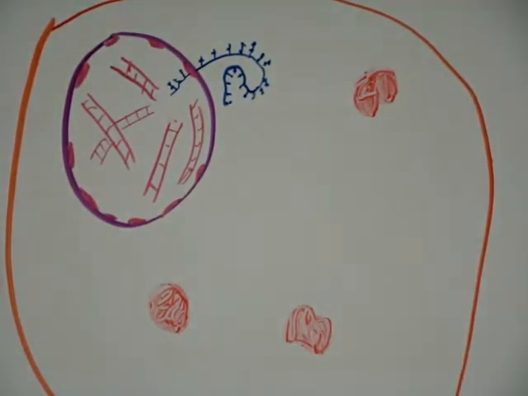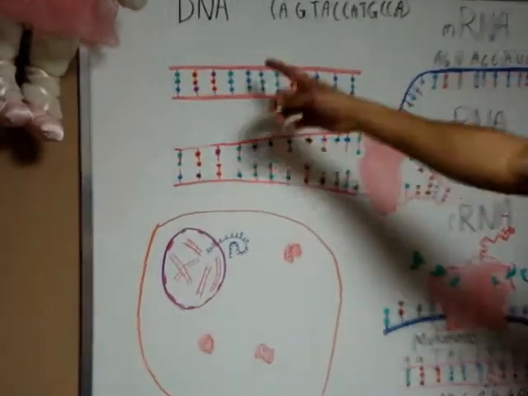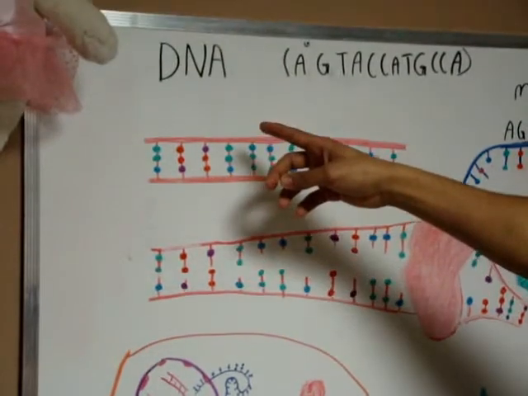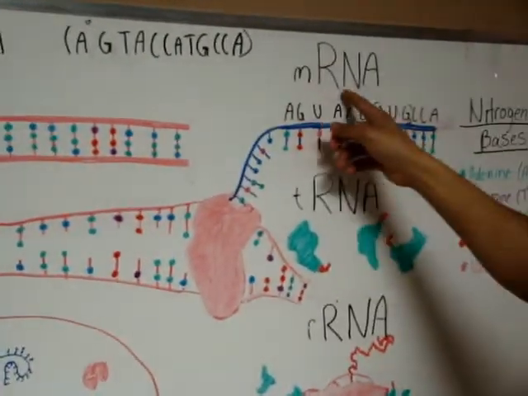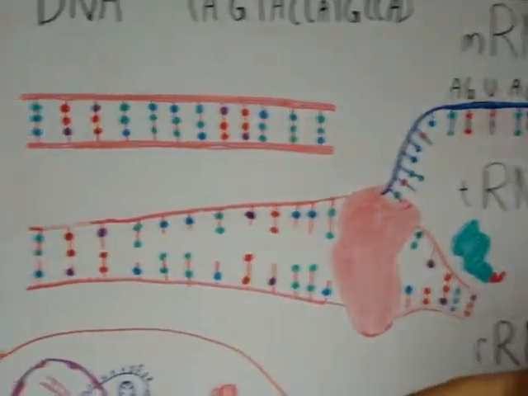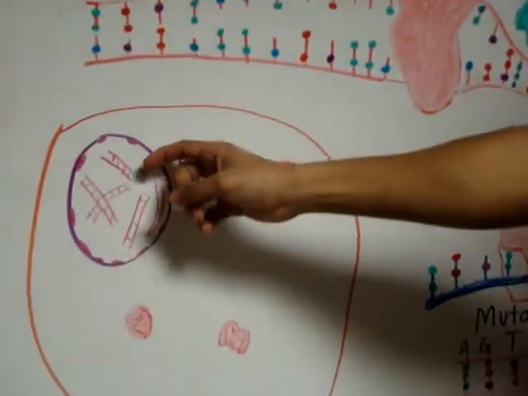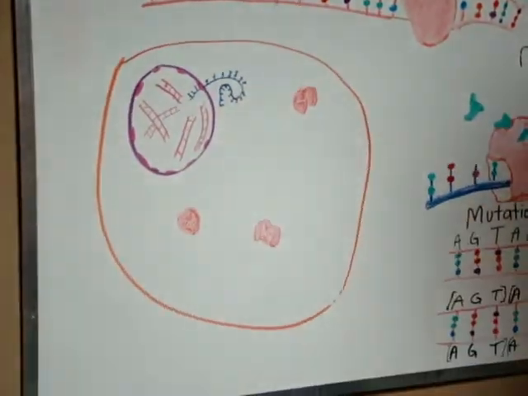And the nucleus consists of nucleic acids, which has two, which is your deoxyribonucleic acid and your ribonucleic acid, which is DNA and RNA. So you'll have single strands and double strands in there.